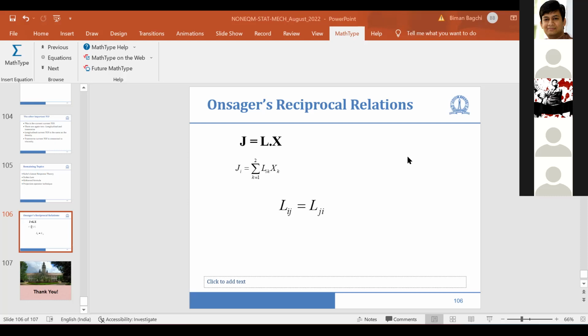I perturb a system, like we did in linear response or any other thing. The system relaxes back to the equilibrium. This relaxation is the same as the relaxation of the fluctuations.